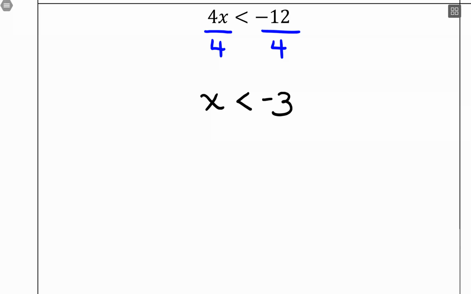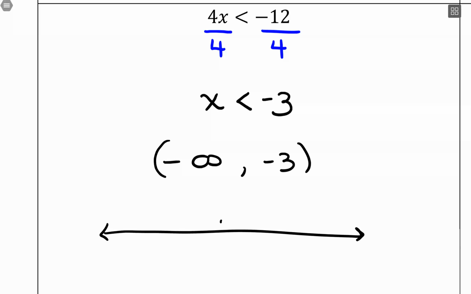So x is less than negative 3, so we'd be off to negative infinity again. The largest value would be negative 3, and we'd use parentheses. So here we'd have negative 3, and I'm going to go 2 above, 2 below, smaller numbers to the left-hand side, larger numbers to the right. And I'll have an open circle going off to the left-hand side.